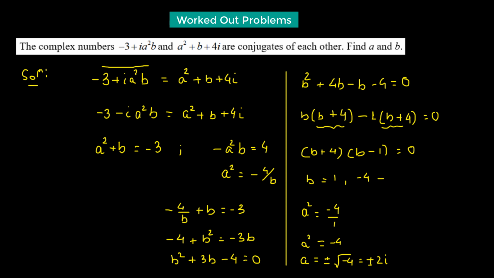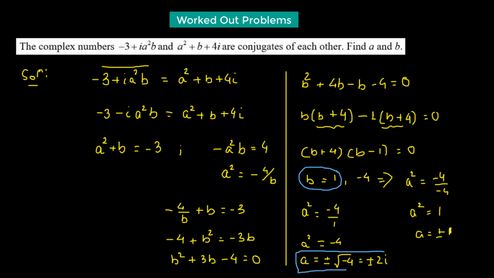For the other one, b equal to -4, a squared will be equal to -4 over -4, so we get a squared equal to plus 1, which gives us a equal to plus or minus 1. So when b is equal to 1, we have a equal to plus or minus 2i, and when b is equal to -4, we get a equal to plus or minus 1.